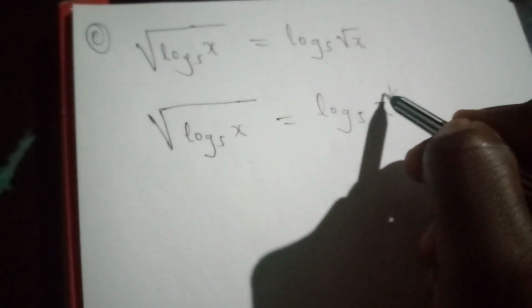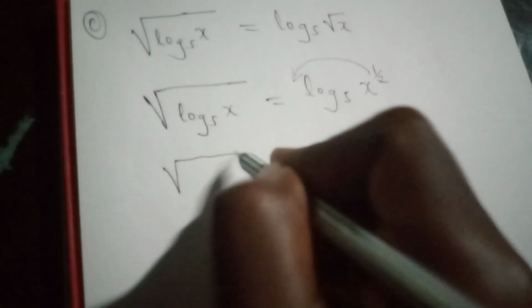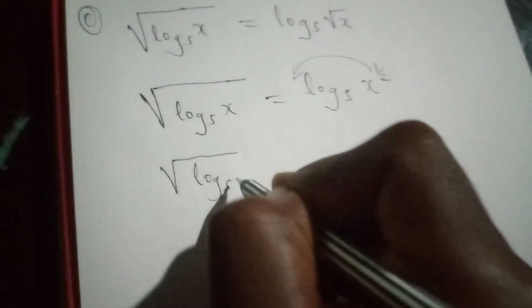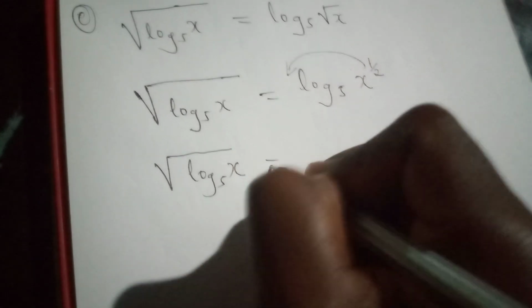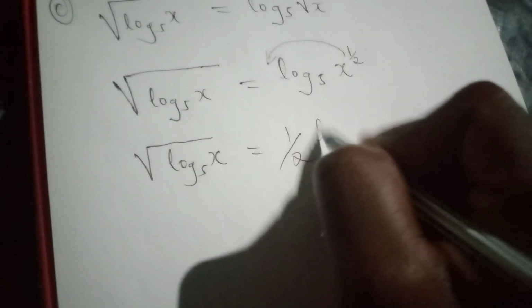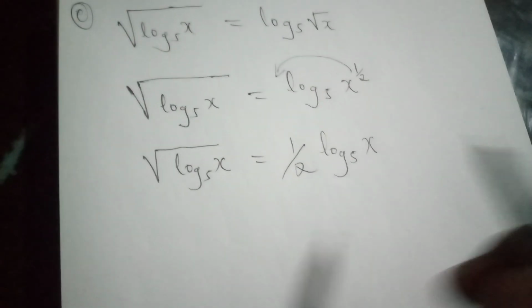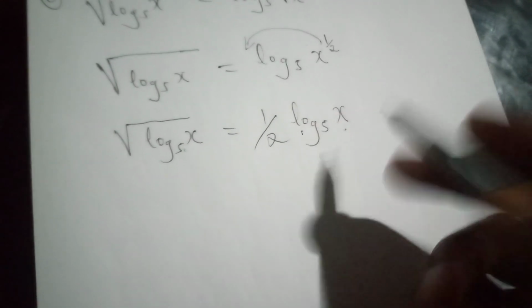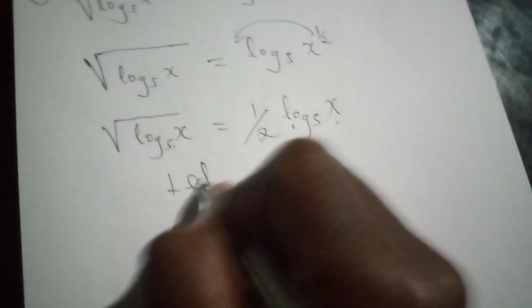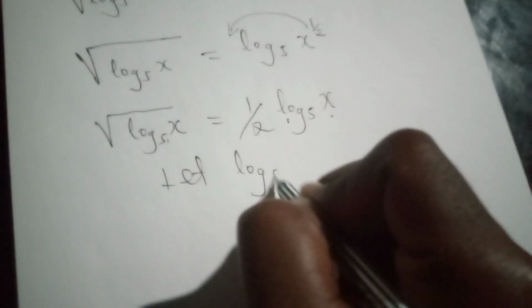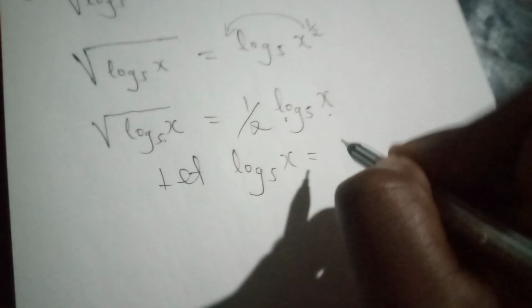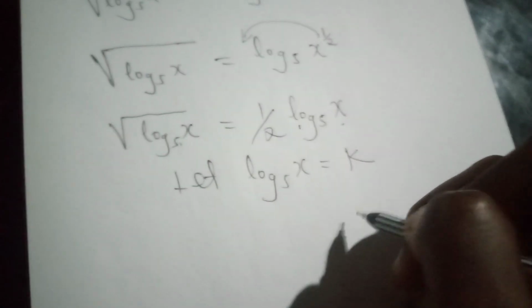Now the rule that this one is going to drop. So that is square root of log base 5 of x is equal to 1 over 2 log base 5 of x. Now since these two are similar, let log base 5 of x is equal to any letter of your choice, in that case k.